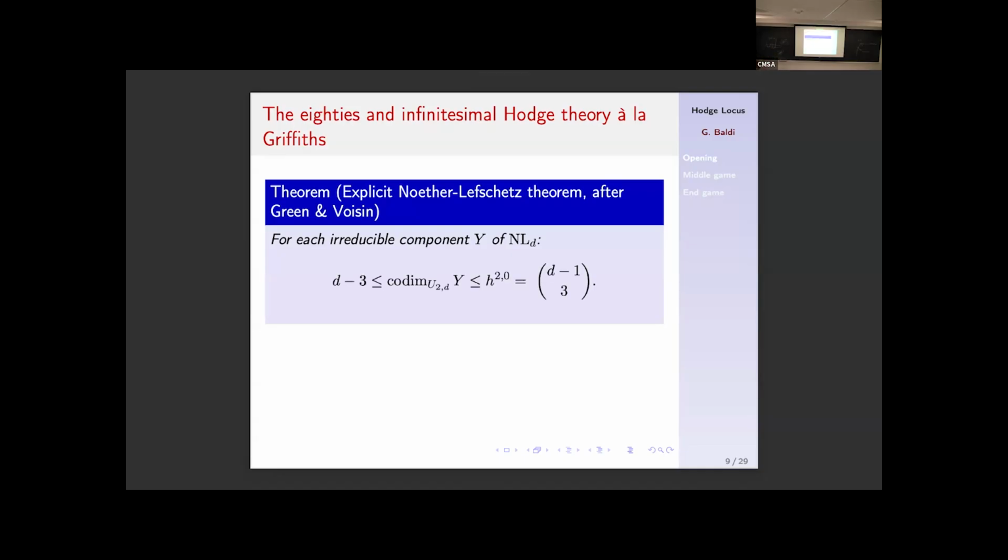The codimension of Y in my space U_d is squeezed into a bound: it is at most h^{2,0}, which is just (d-1 choose 3), where h^{2,0} is that of some surface of degree d, and at least d-3. This bound uses some Hodge theory, but we will see where it comes from in a moment. And this d-3 came from the component W_{1,0}.